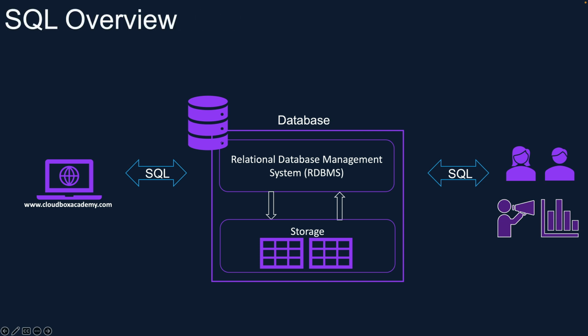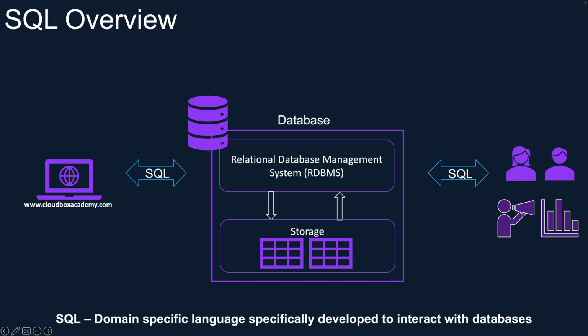Now that we understand what a database is, let's quickly talk about SQL. SQL is a domain-specific language specifically designed to work with databases. The opposite of domain-specific language is the general-purpose programming language, examples of which are C, C++, Java, etc. A general-purpose programming language can be used to perform a variety of tasks, whereas a domain-specific language is specifically developed to solve a specific problem.